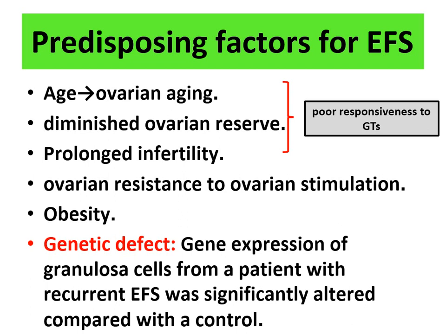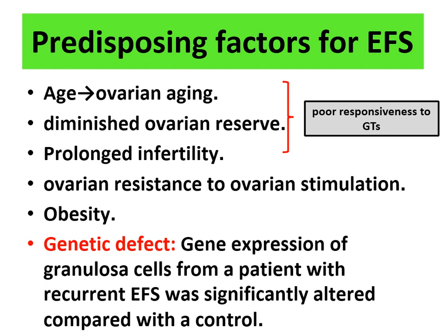What are the predisposing factors for empty follicle syndrome? I told you just now that increasing the age, the age of the ovary, so ovarian aging, is a factor for empty follicle syndrome more than in other patients.